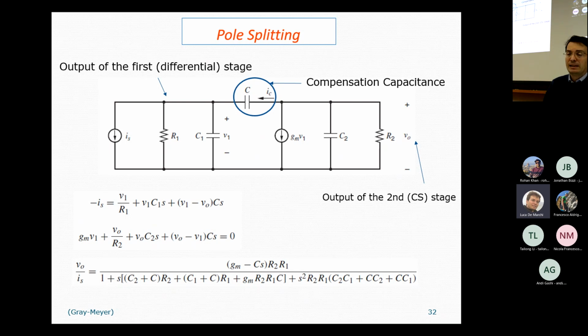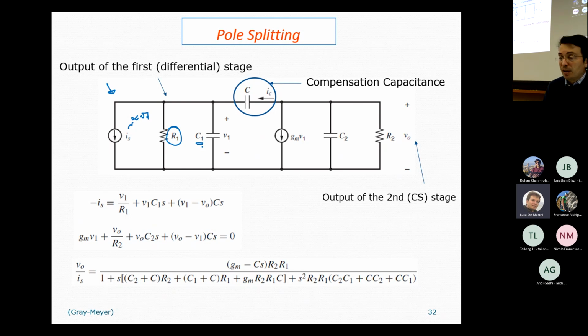Indeed, we have a first stage which has a certain current which is proportional to the differential voltage, and we do have an output resistance of the first stage. Then we have some parasitic effects associated to the intermediate node between the two stages.